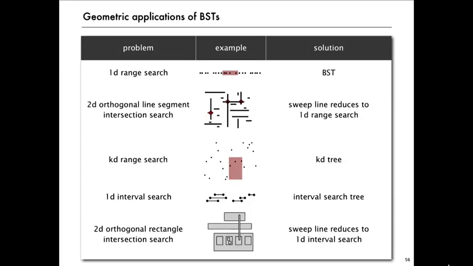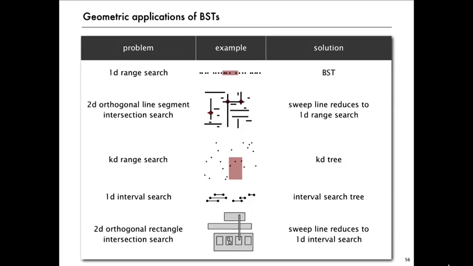Then we looked at range search and other operations using KD trees. Again, a modification of binary search trees. And then the interval search tree to solve the one-dimensional interval search problem, and then how that corresponds to the basic algorithm that you get to if you use the sweep line algorithm to solve rectangle intersection.